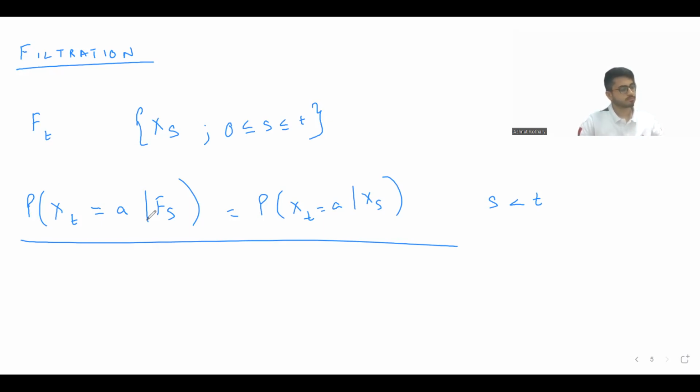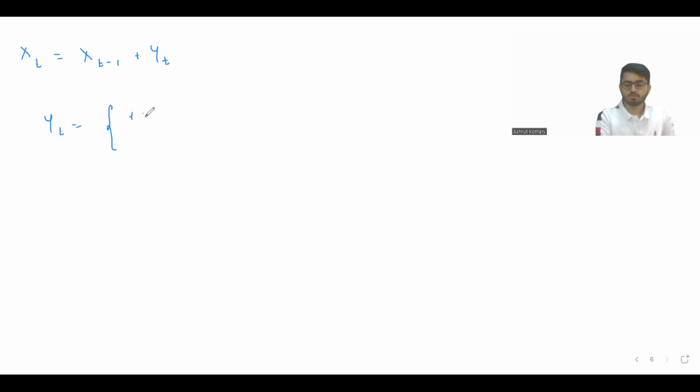So now take this question. Consider the process X_t equals X_(t-1) plus Y_t, where Y_t is equal to plus 1 or minus 1 with respective probabilities p and 1 minus p.